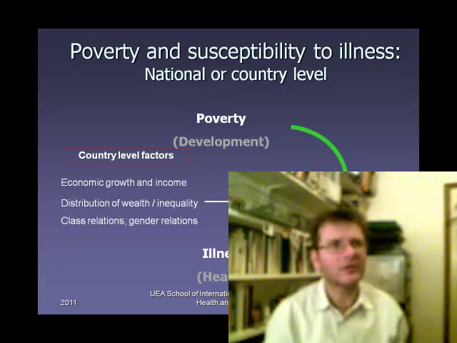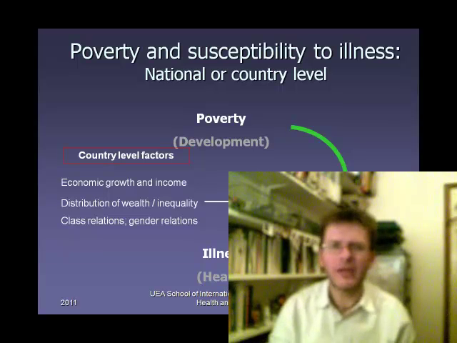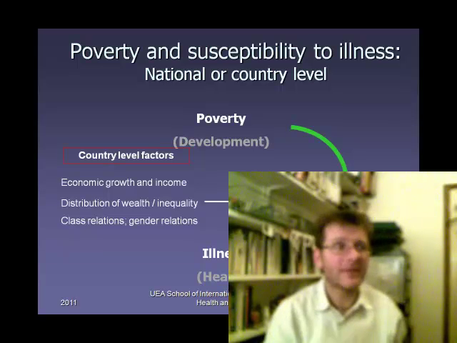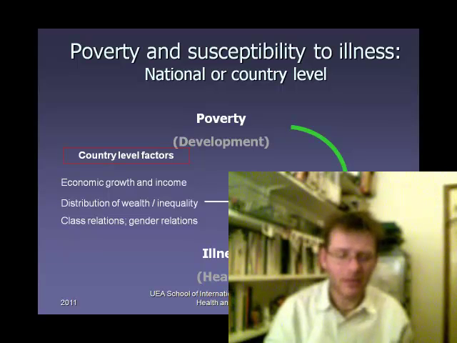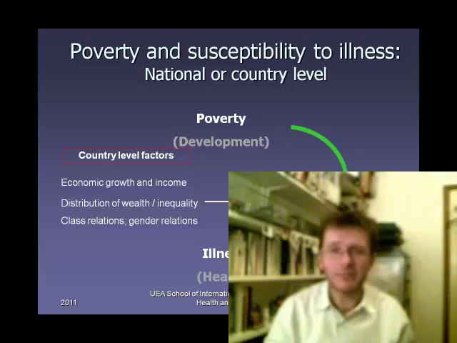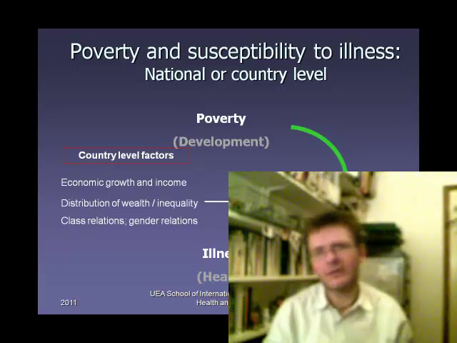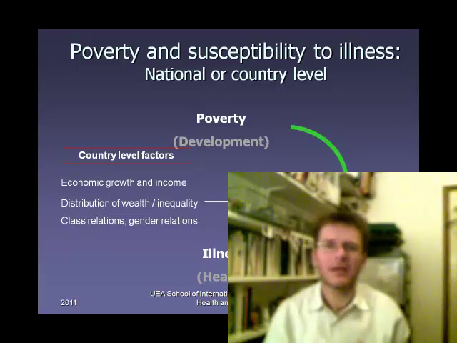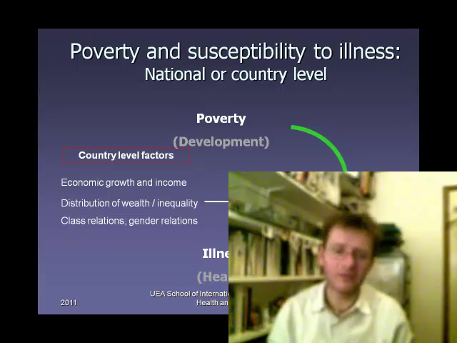In some societies, land is unequally distributed, and that means that some people are marginalised. They don't have access to land, they can't grow enough food, and that causes problems. They may be paid very low wages, which again means they can't access food or treatment for diseases.